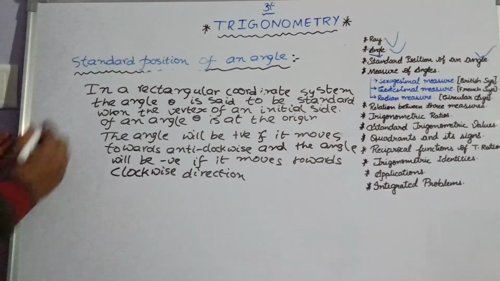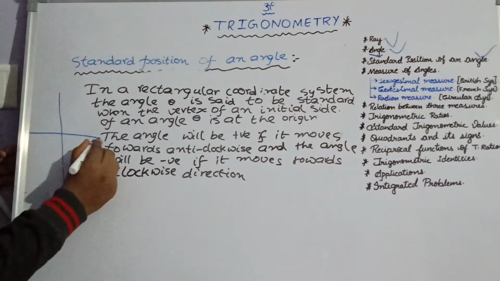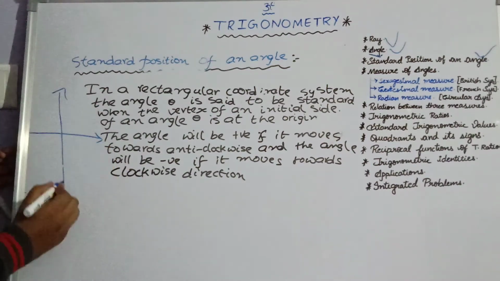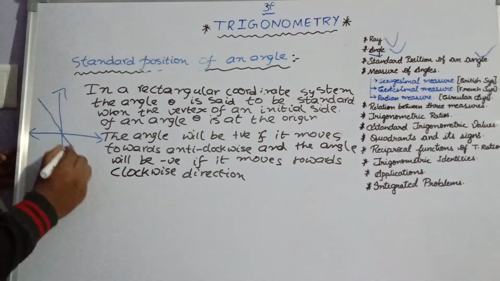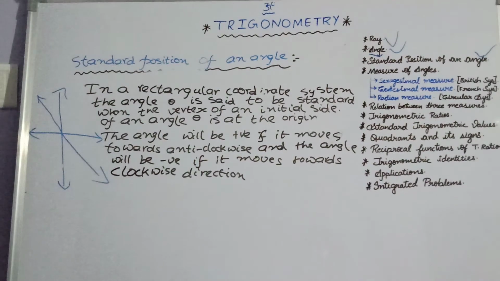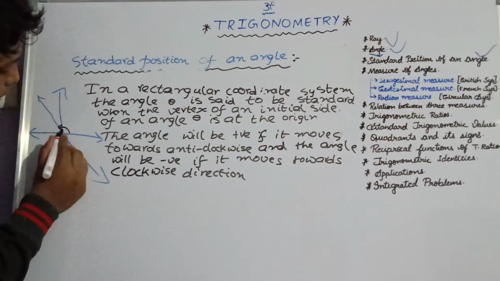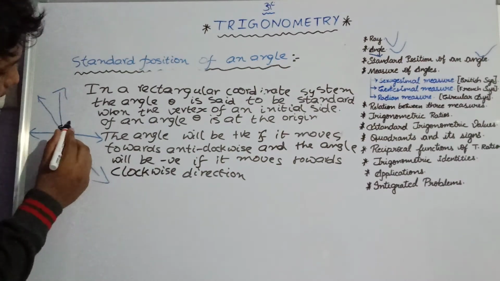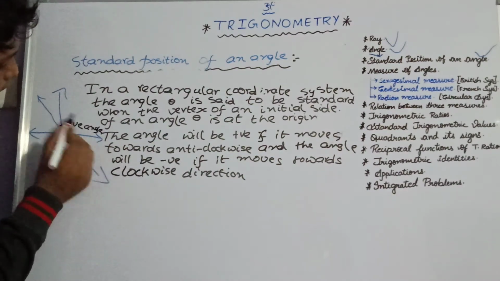Let me also revise the coordinate system. A terminal ray which is passing through the x-axis through the coordinate system, and the angles obtained towards the positive direction of the coordinate system, that is known as a positive angle.